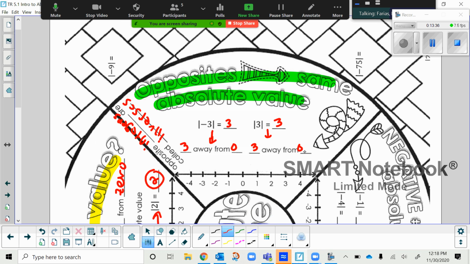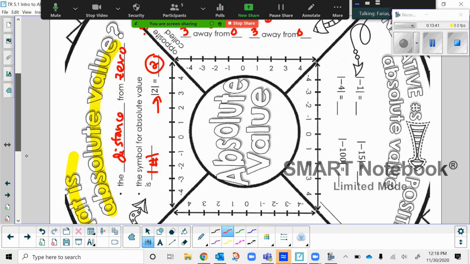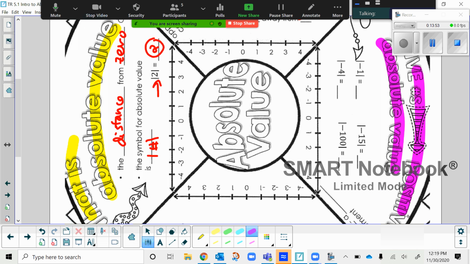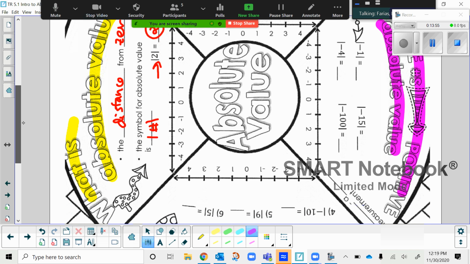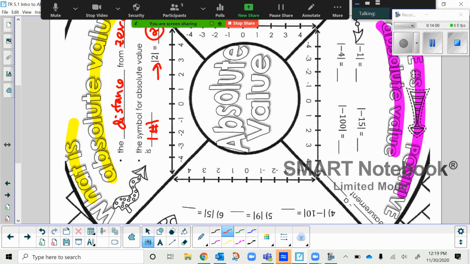And then moving to the right again, negative numbers have positive absolute value. So on my screen, I'm here on this side. So we'll just do this real quick. What's the absolute value of -1? 1.